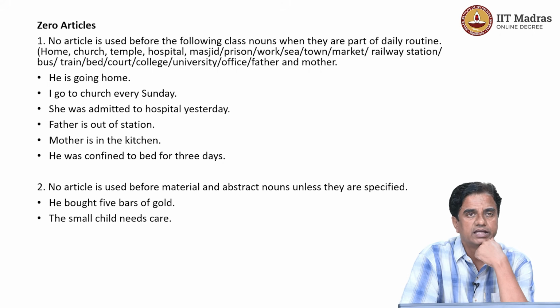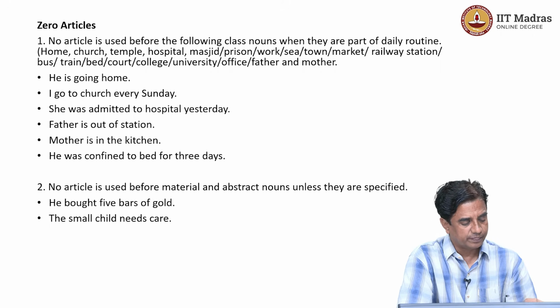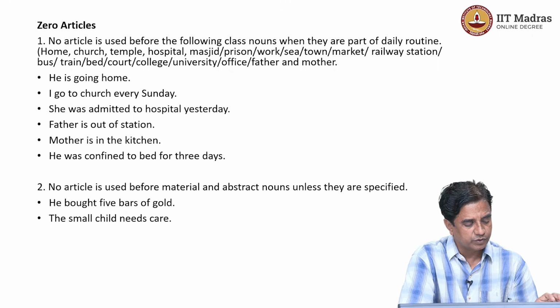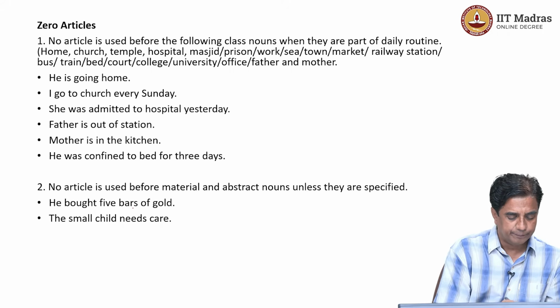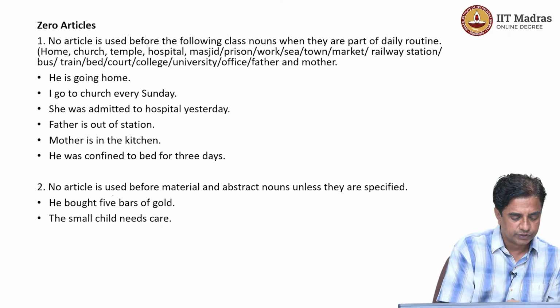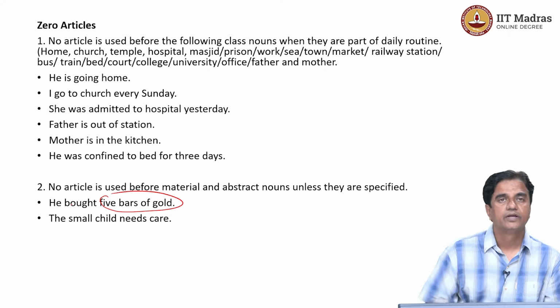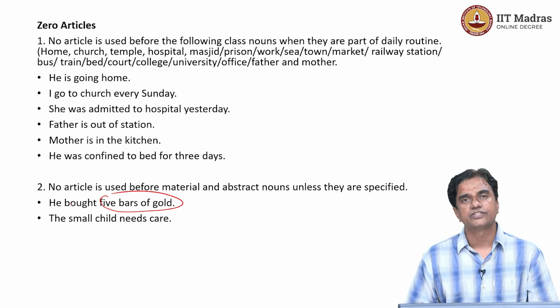So we can say, he bought 5 bars of gold. The small child needs care. So look at this. So no article is used in bars here, bars of gold, as you can see. So there are contexts in which we do not use articles.